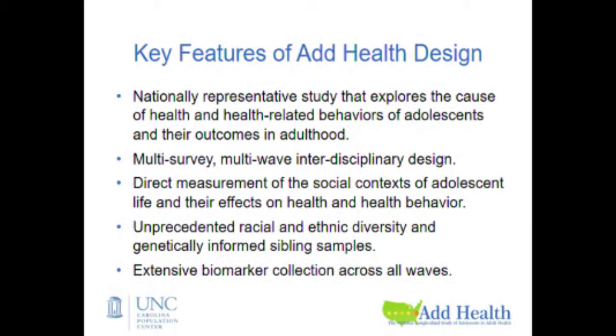What was innovative about it at the time is it had direct measurement of the social context of adolescent life, and I'm going to show you through the design how we did that. One of those contexts, of course, were the peer networks and the networks within the school, as well as dyadic relationships. It has unprecedented racial and ethnic diversity, a genetically informed sibling sample, and then extensive biomarker collection across all the waves.